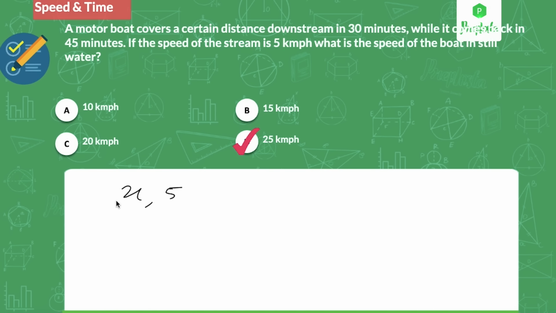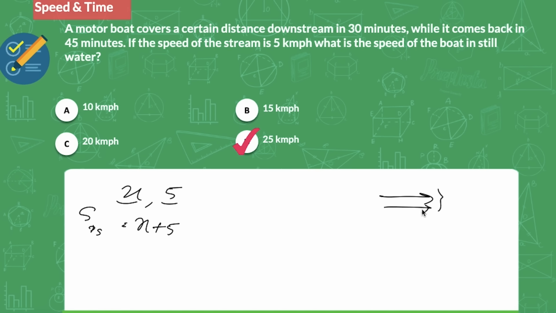So if we have the speed of the boat in still water and the speed of the stream, then what is the speed downstream? Speed downstream is when we add up the speeds of the boat and of the river. So x plus 5. The river is flowing in the same direction as the boat, so the speeds are added up.